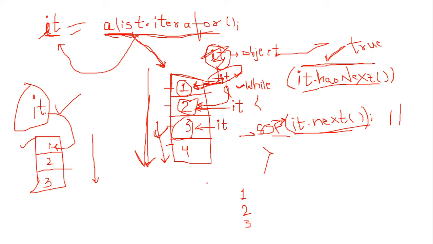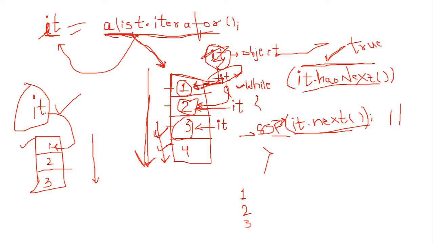Okay, so after that what will happen, again we will check this while loop. it.hasNext will check, it is here, at third position on element 3. It will check whether there is another element present in the list. You can see that another element is present in the list, which is 4. So the condition becomes true.